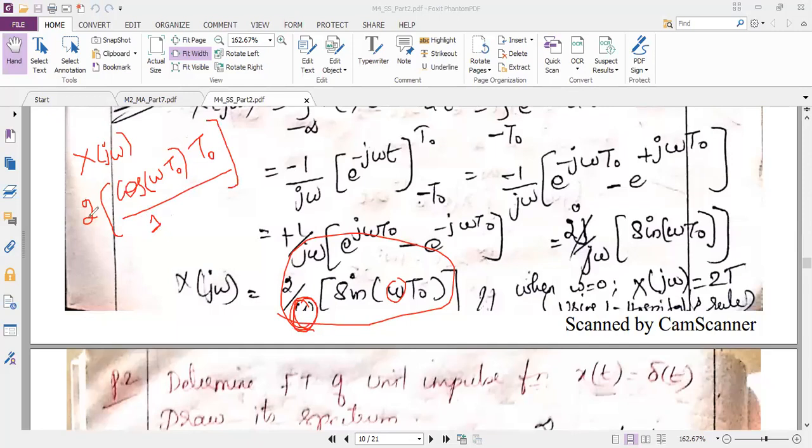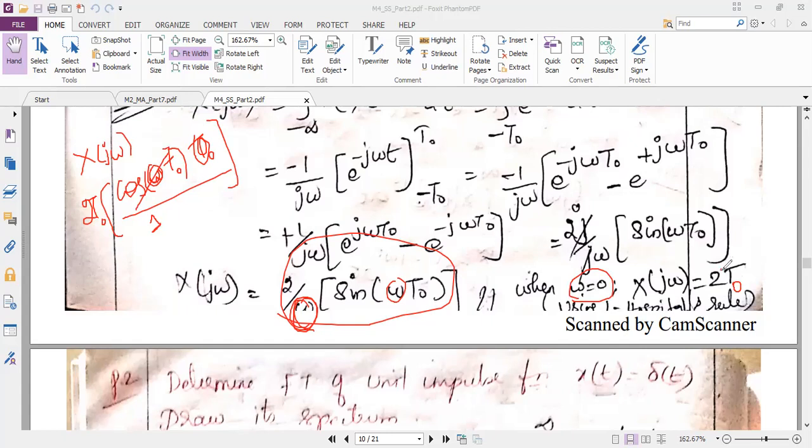So now my answer is 2 times cos omega t naught into t naught. This t naught I can move out, so 2 t naught multiplied with cos omega t naught. Now I apply omega as 0 here. Cos 0 becomes 1. So when omega is equal to 0, my answer is 2 times t naught.